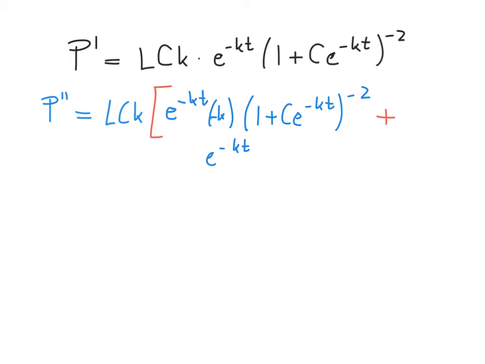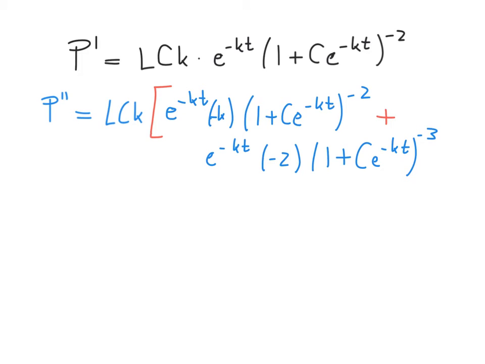So that is again now an application of the chain rule. So that would be minus 2 times (1 plus c e to the minus kt) to the minus 3.